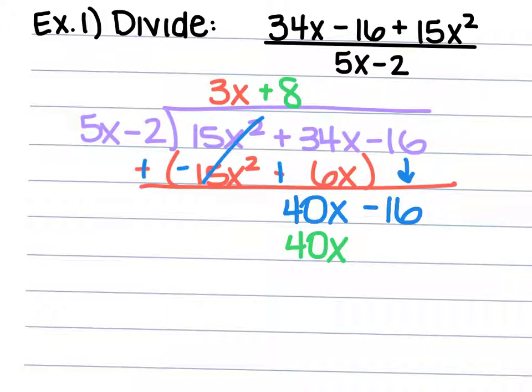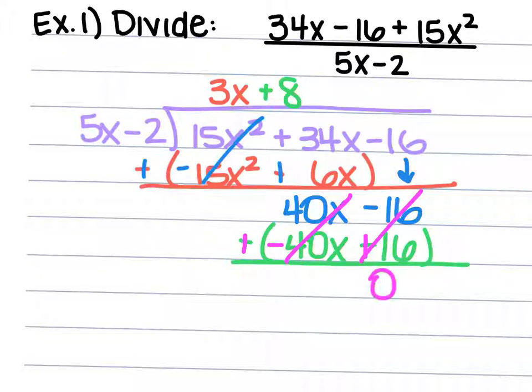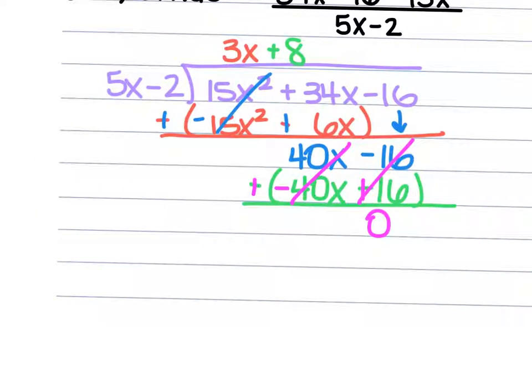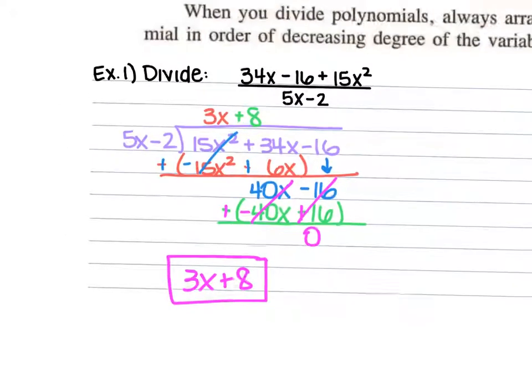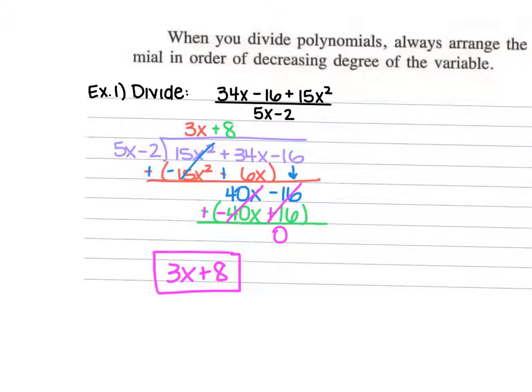And then I do the same thing with the negative 2 to give me a negative 16. I then add these, add the opposites, or subtract. The 40x's cancel, and so do the 16, so I have a remainder of 0. So my answer is just that 3x plus 8. So if I don't have a remainder, I don't have to put anything over that divisor. If I do, I have to put my remainder over my divisor.